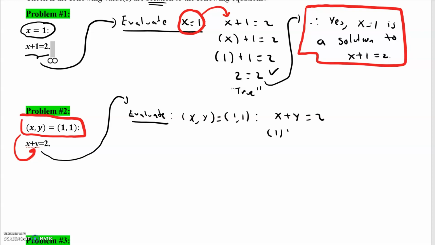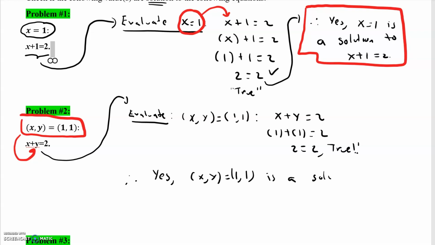In this case, 1 plus 1 is equal to 2, or 2 is equal to 2, which is actually true. So we would say the same here. Yes, x comma y, which is a coordinate point, 1 comma 1 is a solution to x plus y is equal to 2.